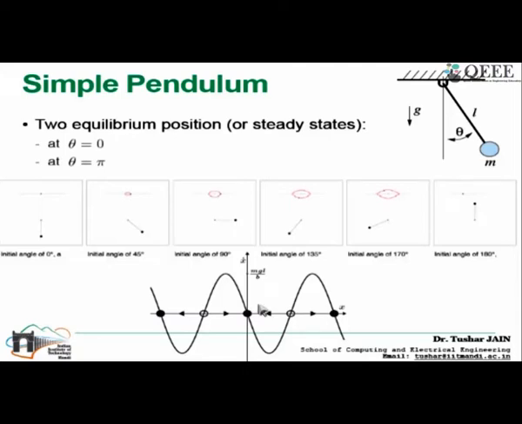You can also visualize the stability from this graph, once you start plotting this x and x dot graph. Whatever steady states you have identified, if you are in the neighborhood of a steady state point, you can see whether you are approaching that steady state point or not.